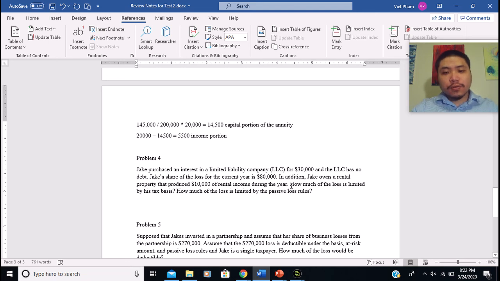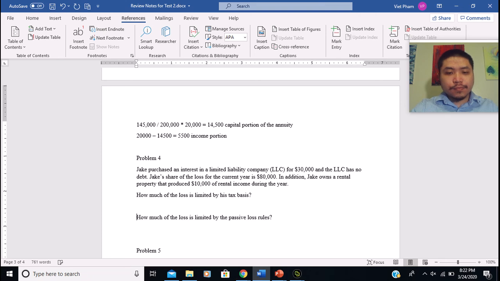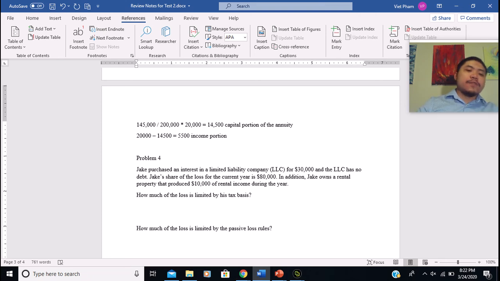So for the first question, we just need to figure out his tax basis in this company, right? Since this company has no debt, Jake's tax basis in the company is just going to be the amount that he invested in the company, which is $30,000, right?